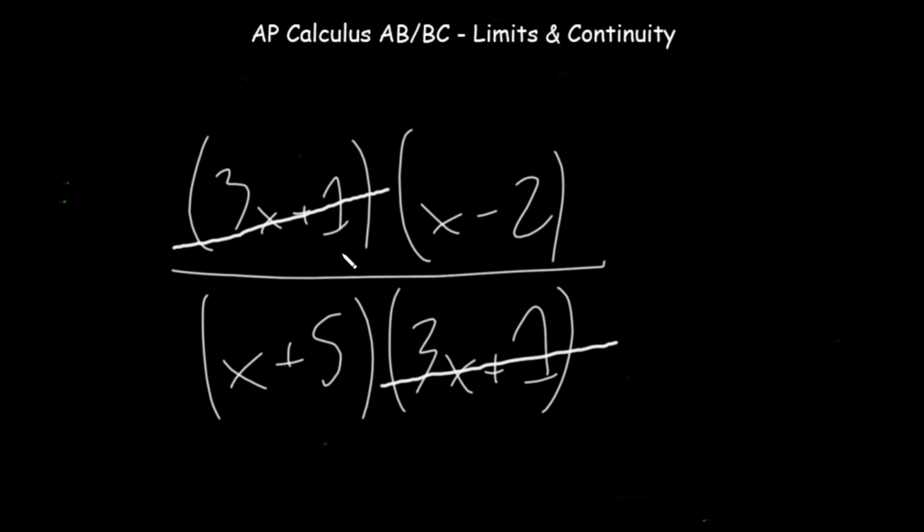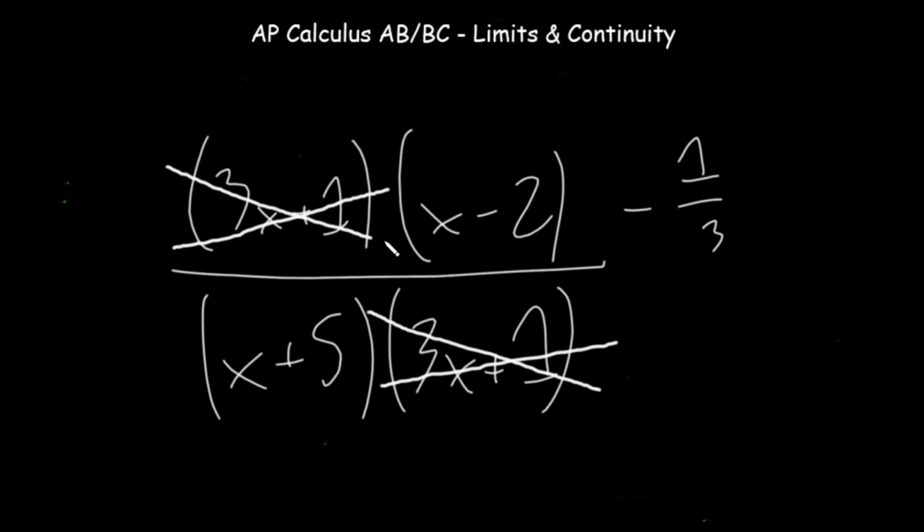So removable discontinuity is basically when we can cancel out the point that makes the function discontinuous. The function would be discontinuous at negative 1/3, right? Because negative 1/3 is a hole, and we're canceling that out of this function, so that we're left with a simpler function of x minus 2 over x plus 5.